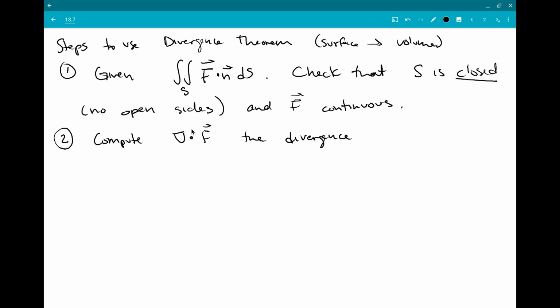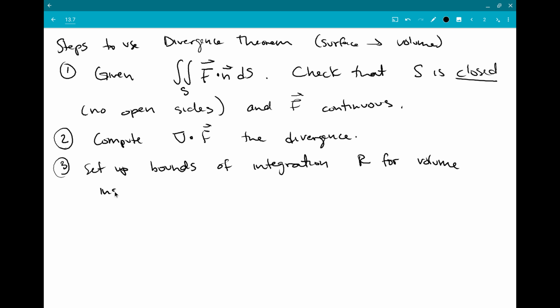And then you're going to compute del dot F, the divergence of your vector field F from right here. And then you're going to set up your bounds of integration R for the volume inside the surface.